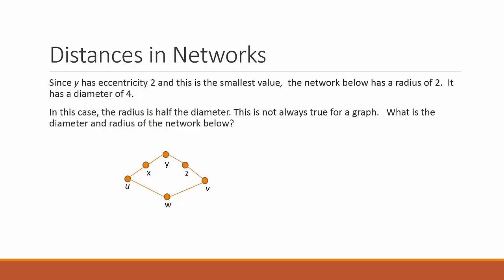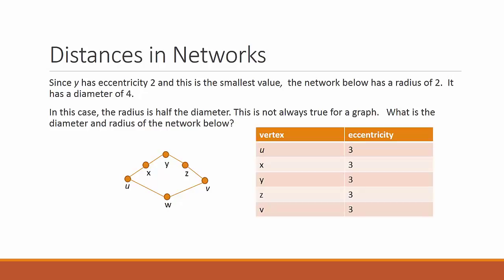So the maximum of the set is 3, and the minimum of the set is also 3. So in this case, the diameter and the radius are equal. Again, the set consisting of all eccentricity values is just a set with one element, namely 3.